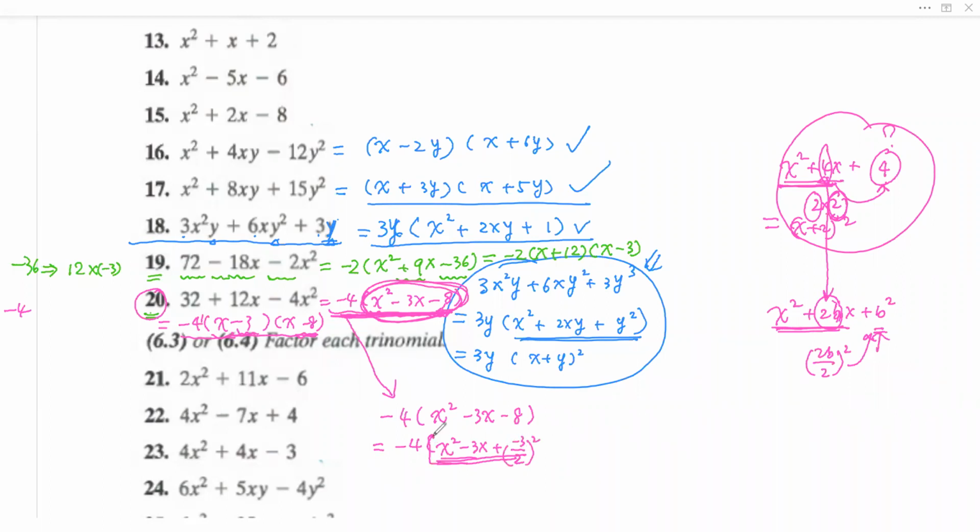So we change this into a big bracket. We add this number and subtract the same number. This number is 9/4, and the rest is -8. You can see this part is equal to 0: positive 9/4 and minus 9/4. So we didn't change anything.